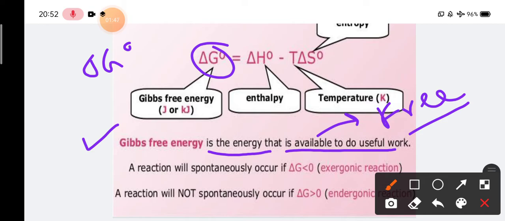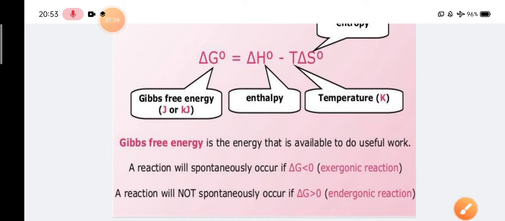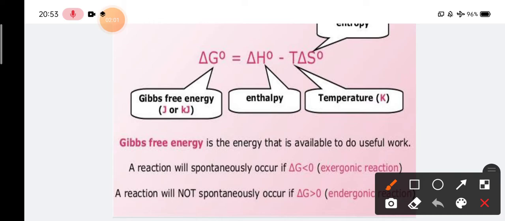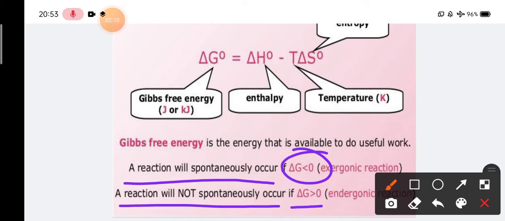In the case of Gibbs free energy, this parameter gives us an idea about whether a reaction is spontaneous or not. If the reaction is spontaneous, then delta G will be negative. If the reaction is not spontaneous, then delta G naught will be positive.